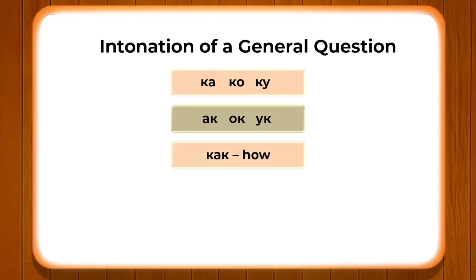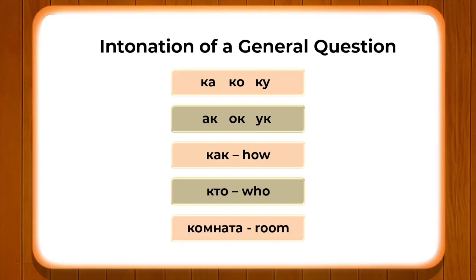We have kak, kto, komnata. Here you can see that in kak and kto we have only one single vowel, but in komnata we have three vowels, that is O and A twice. So, in this example you have learned what kind of sound we have with the combination of consonant and vowel.